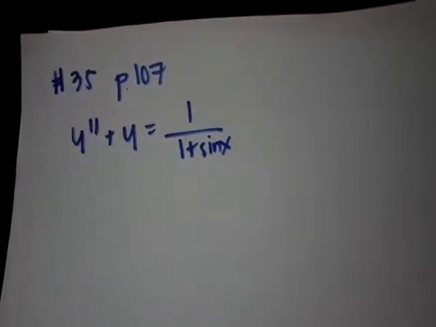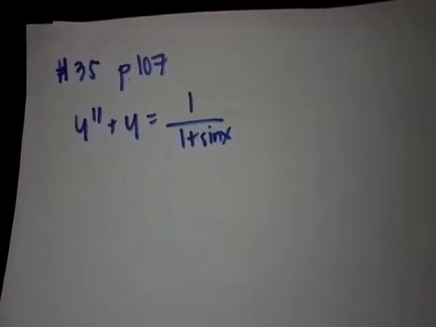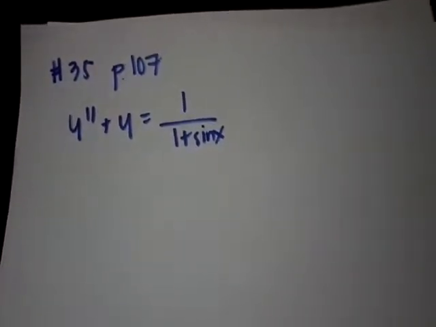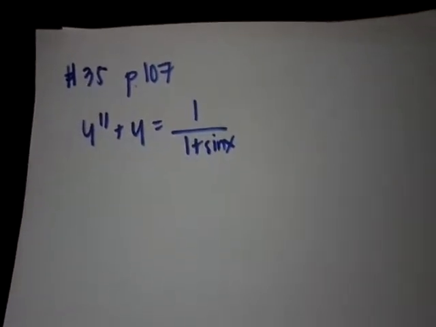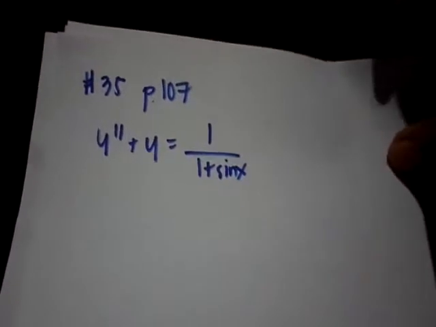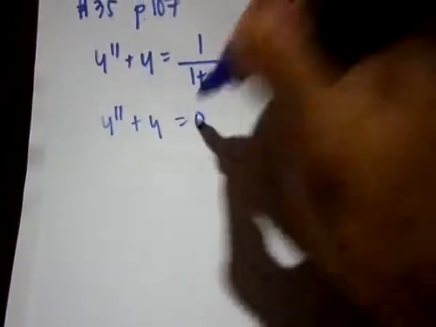Number 35, page 107. It's a second order non-homogeneous linear differential equation. To solve for this, first we need to solve for its homogeneous part. So y double prime plus y is equal to 0.